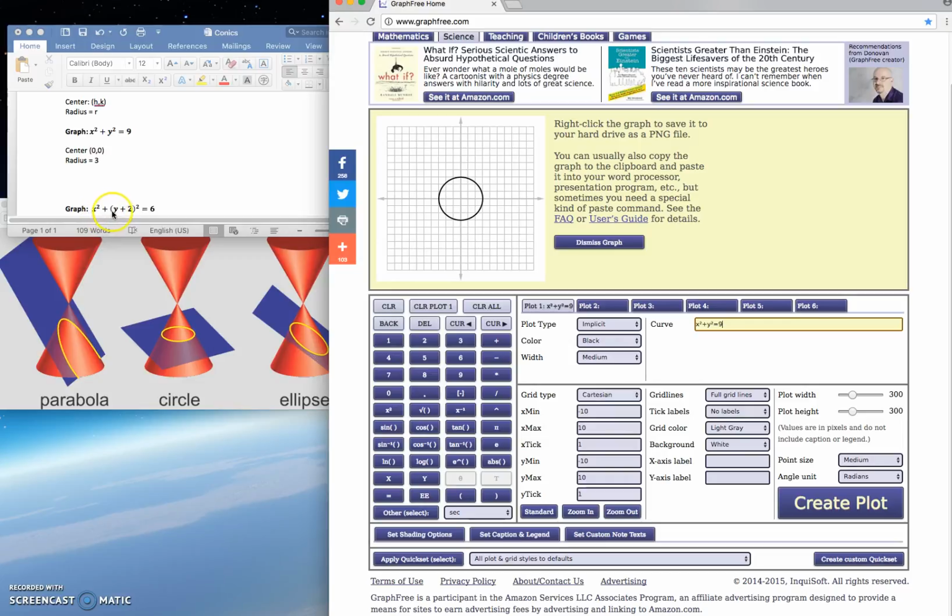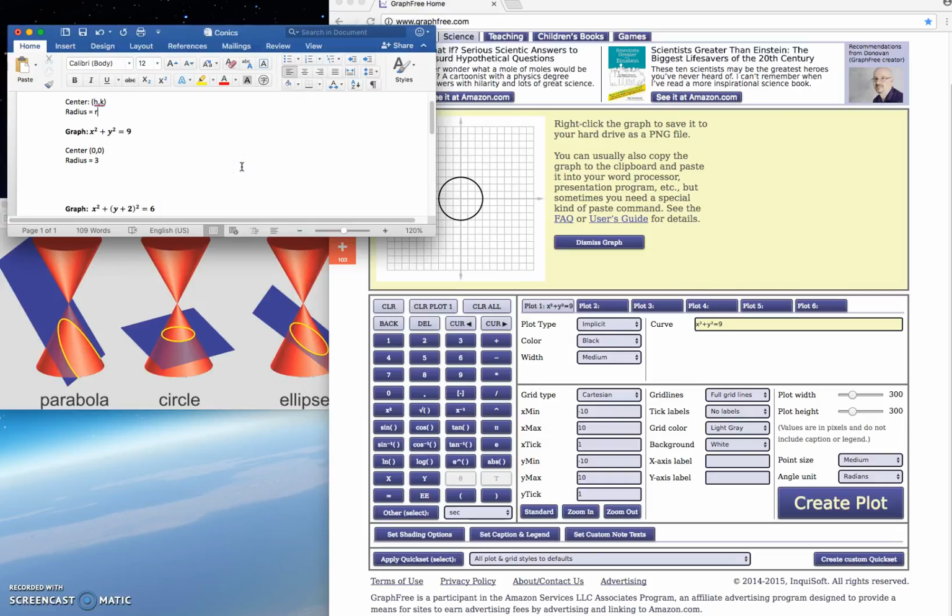So we've got x squared plus the quantity of y plus 2 quantity squared equals 6. First of all, where do you suppose that center is going to be? If you said 0 comma negative 2, you are correct. If you said 0 comma 2, you're incorrect. A lot of people make that mistake.